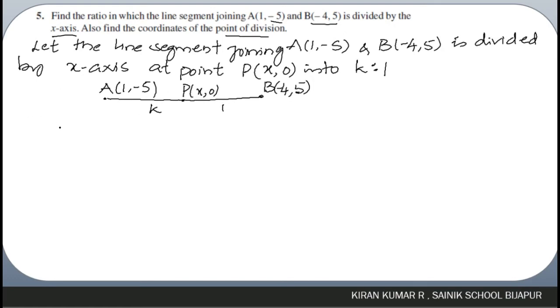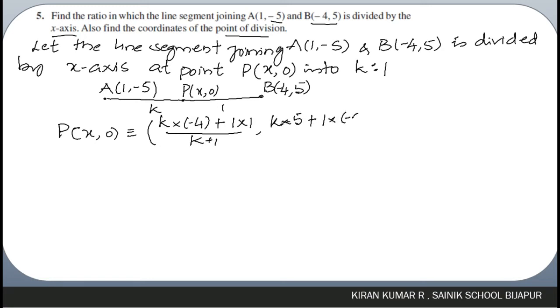So by using section formula, I have the coordinate point P x, 0 will be equal to (k multiplied by -4 plus 1 into 1) divided by (k plus 1), comma (k multiplied by 5 plus 1 multiplied by negative 5) divided by (k plus 1), which is same as (negative 4k plus 1) divided by (k plus 1), comma (5k minus 5) divided by (k plus 1).